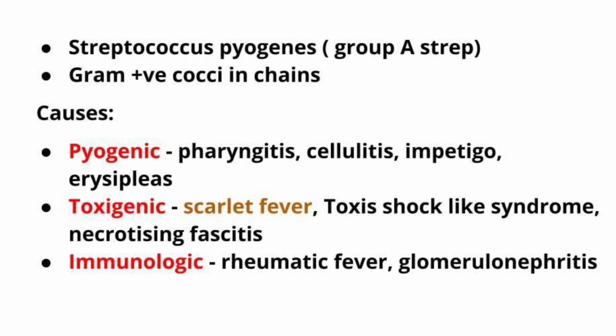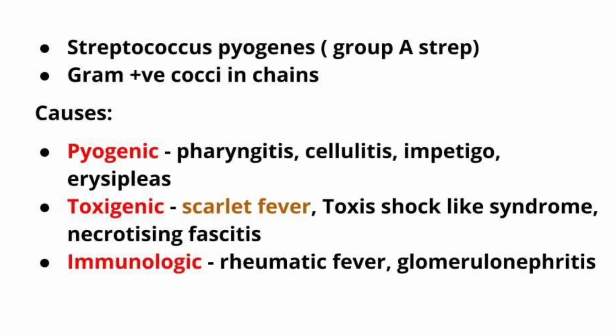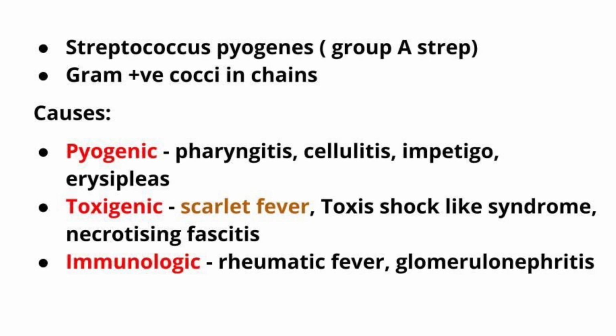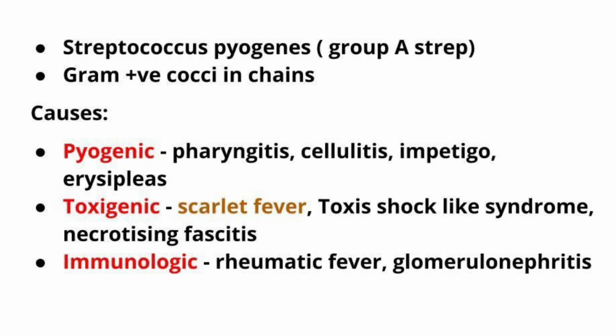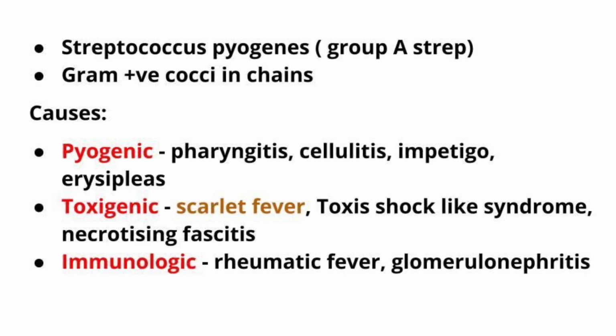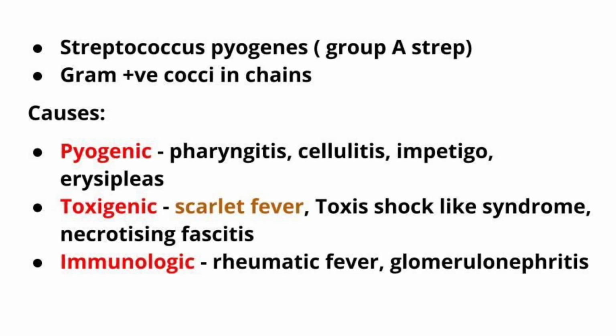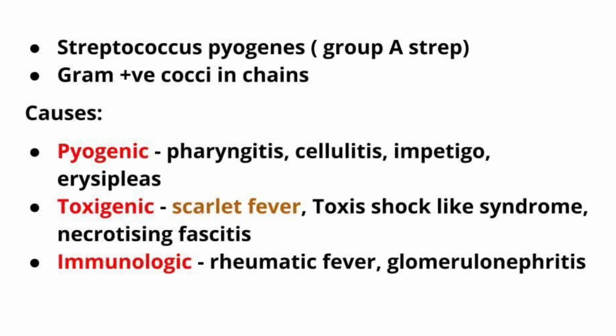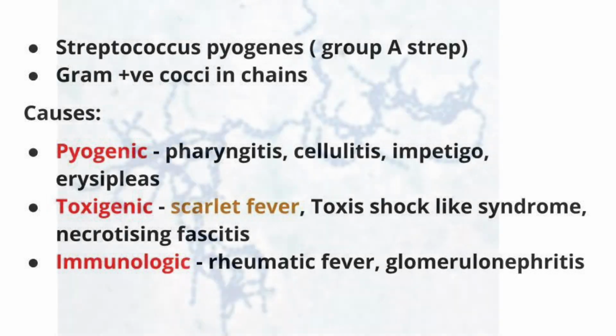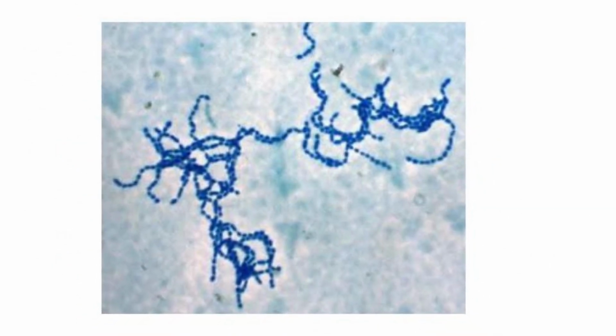In impetigo there will be honey crusted lesions over the face, especially around the nose and mouth, most commonly seen in children. The toxigenic conditions are scarlet fever, toxic shock-like syndrome, and necrotizing fasciitis. And the immunological conditions are rheumatic fever and glomerulonephritis.